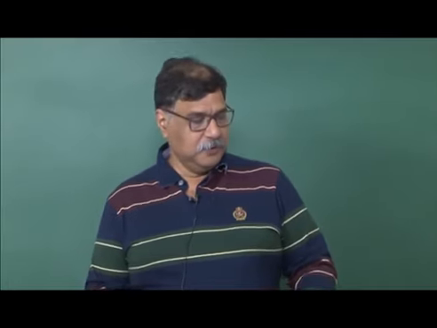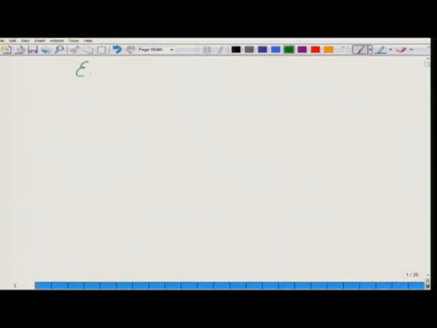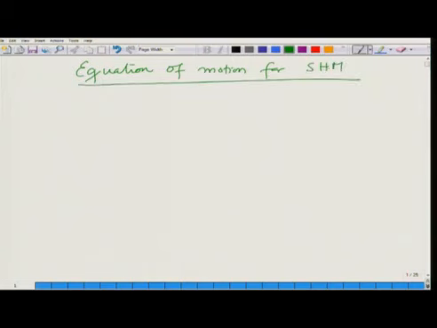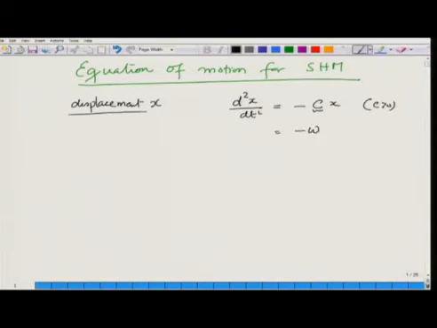Recall from the previous lecture that we looked at the equation of motion for simple harmonic motion, and what we found is that if the displacement is x, then the equation of motion was d2x over dt square is equal to minus some constant x, and we identified this c, which is greater than 0, as omega square, where omega is the angular frequency.